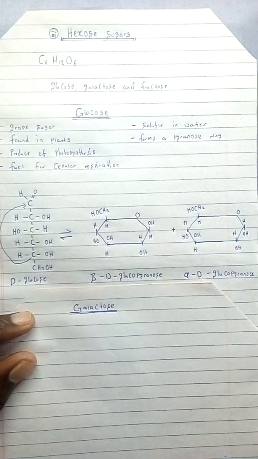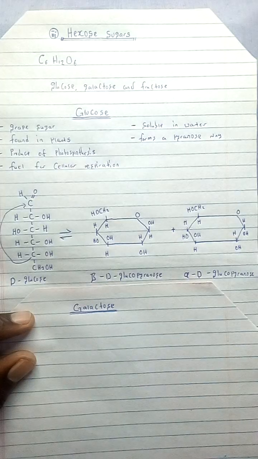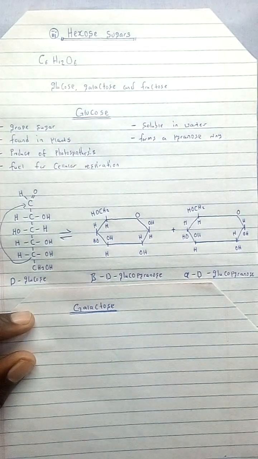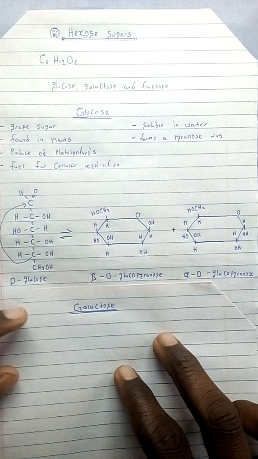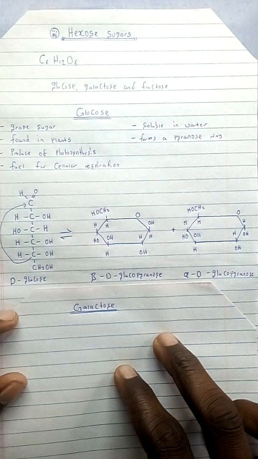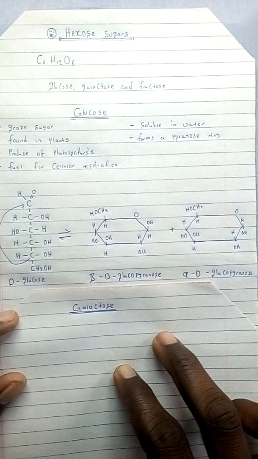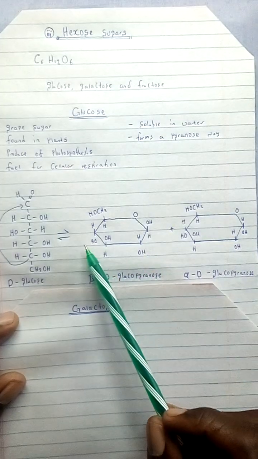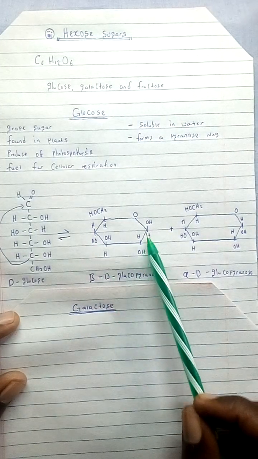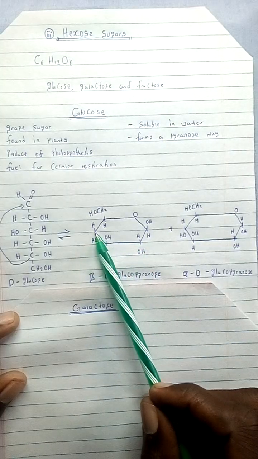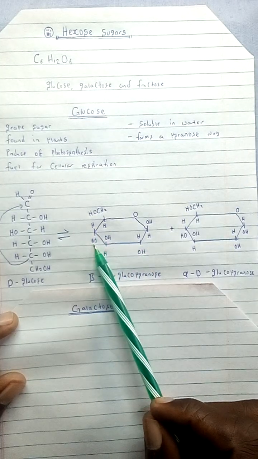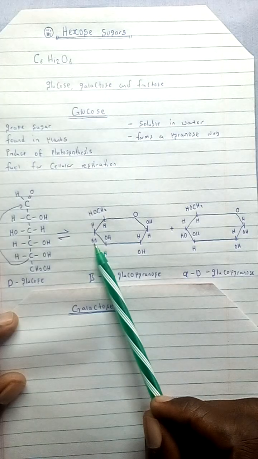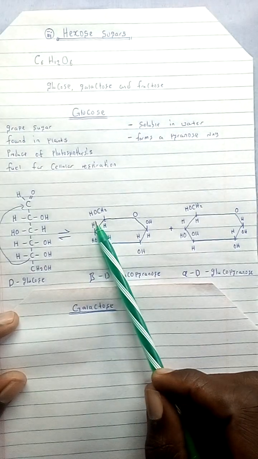Let's take note of that. We'll find structural isomers as we continue learning. The only difference is that on carbon number 4, as you can see here in glucose, carbon 1, 2, 3, 4, the OH group is down here in glucose, but in galactose, the OH group will be up there.